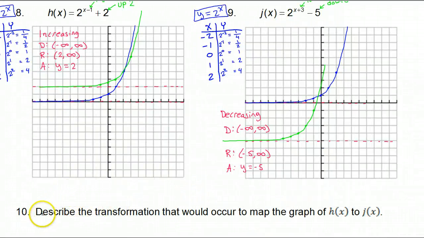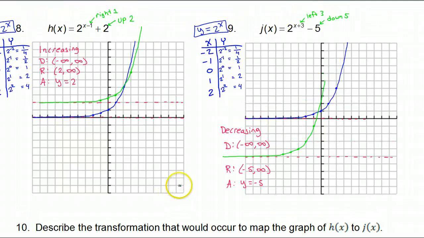Alright, for number 10, we are supposed to describe the transformation that would occur to map the graph of h of x to j of x. So we're referring to the function in problem number 8 and the function in problem number 9, because that's h and j. Keep in mind that in problem number 8, to get function h, we had to go right 1 and up 2 from the parent function.